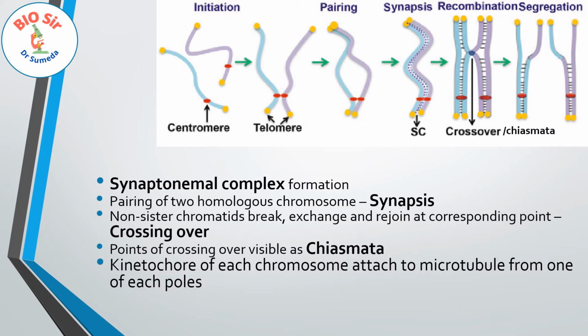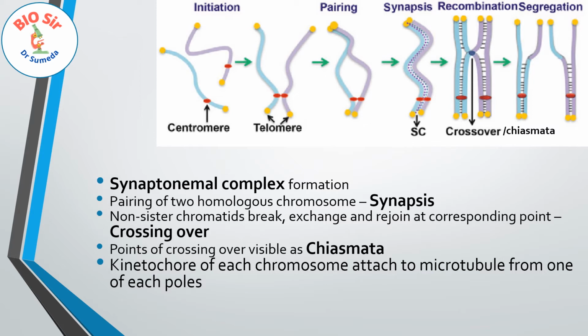The two homologous chromosomes come together, and non-sister chromatids of the two chromosomes will undergo crossing over. This is called crossing over.